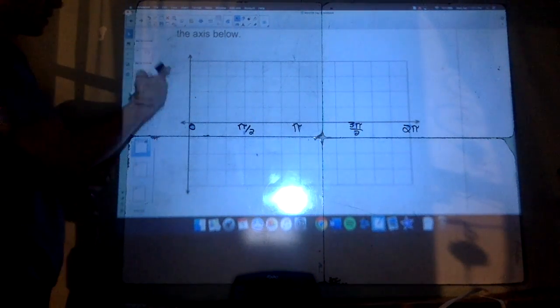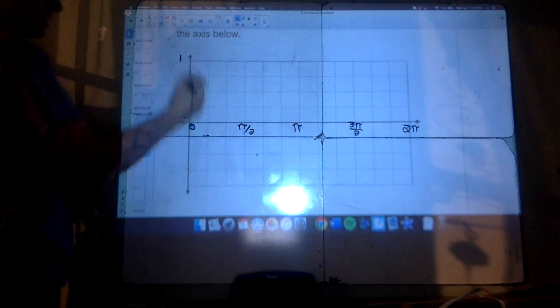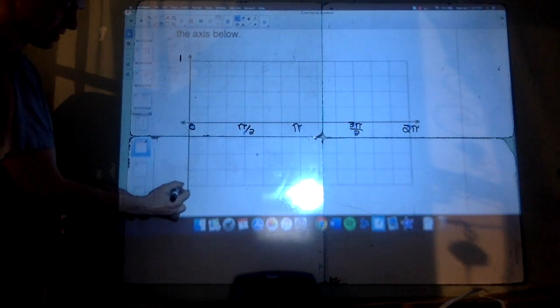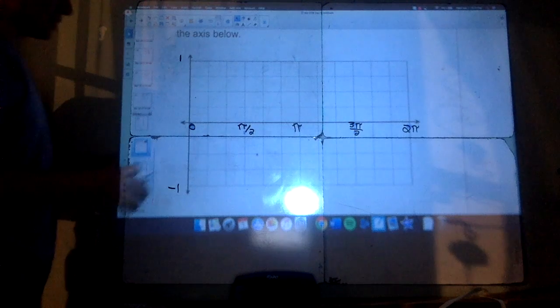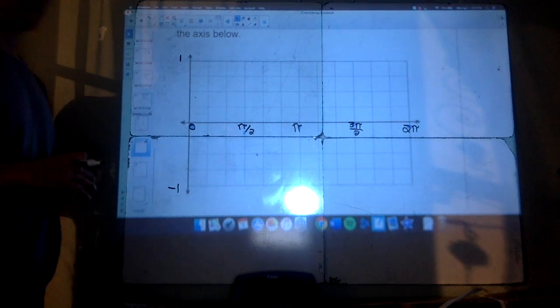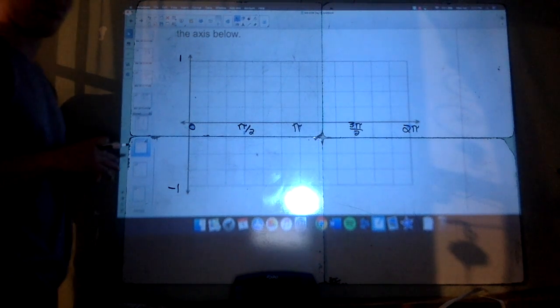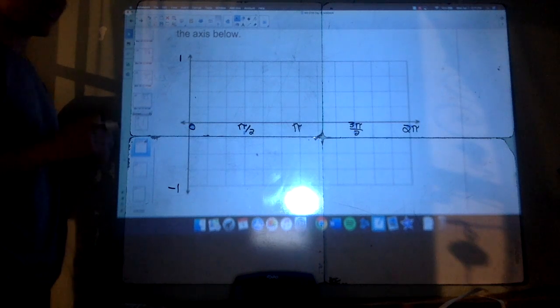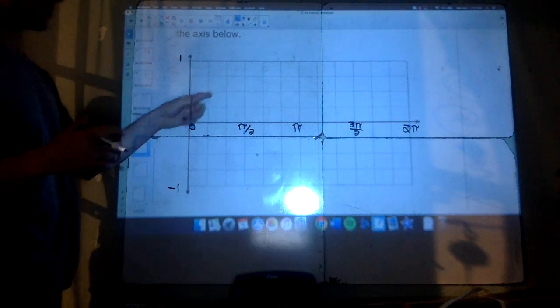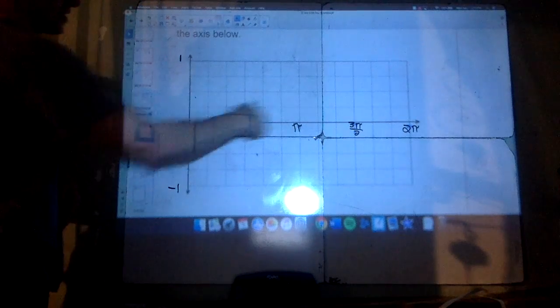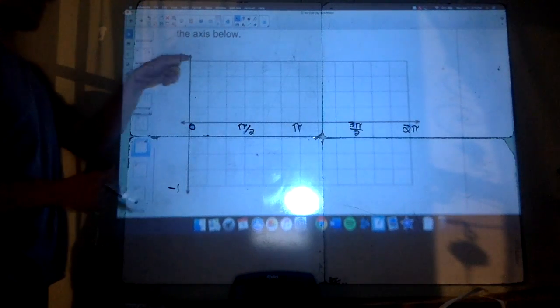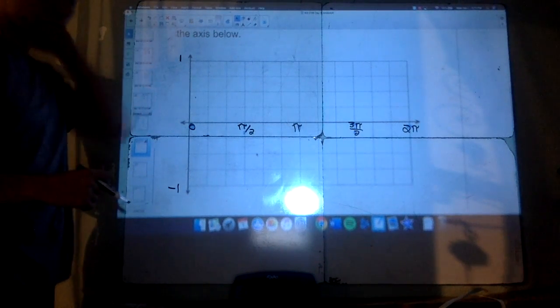And then our y, our biggest value here was 1, and our smallest value was -1. So copy that graph down on your paper. It can be a rough sketch too. You don't need to draw every grid. Just draw this part here, and maybe a dashed line at 1 and -1.